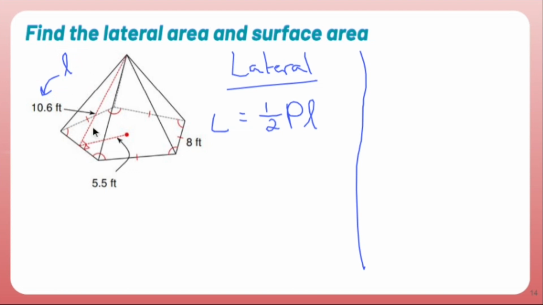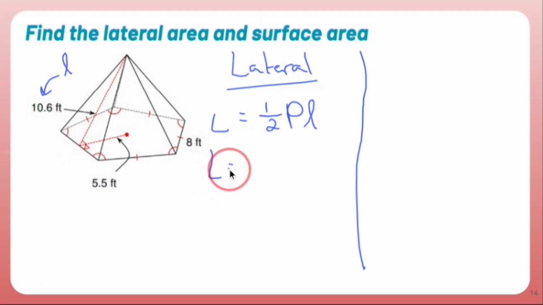It's basically the height of a triangle. So it's very similar to 1/2 base times height, which is the area of a triangle. It's just that instead of 1/2 base times height, I'm doing 1/2 perimeter of this whole thing times height of one triangle. So lots of similarities here.